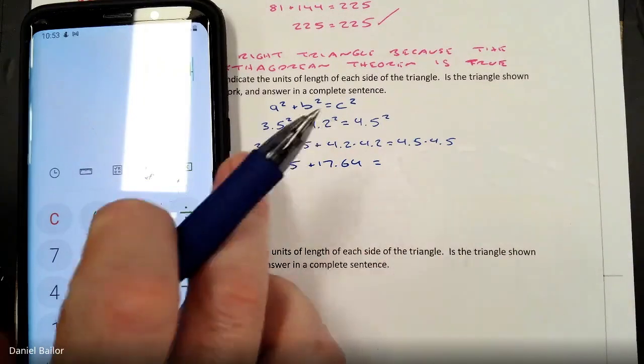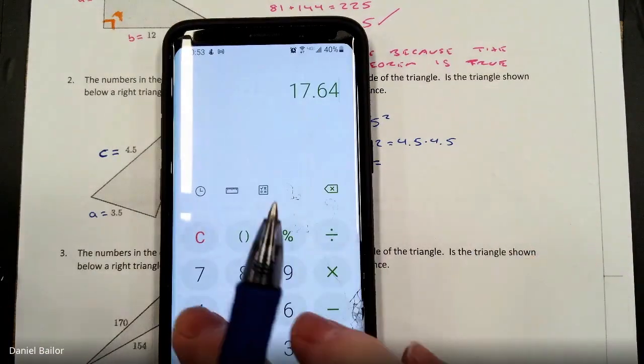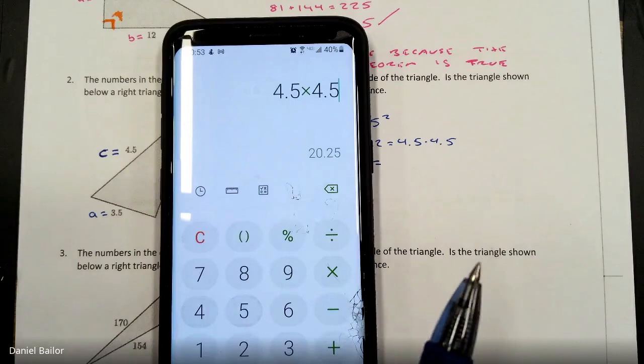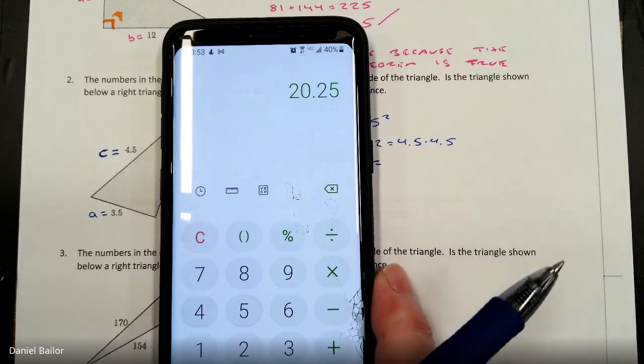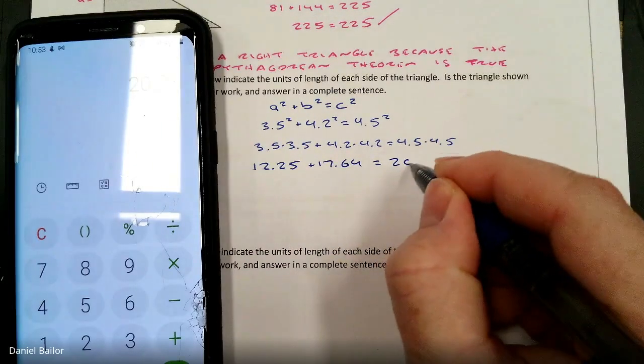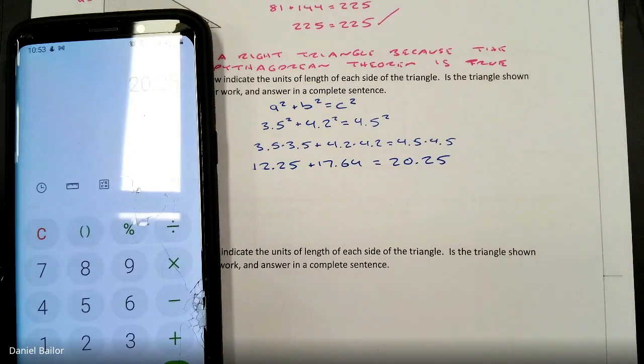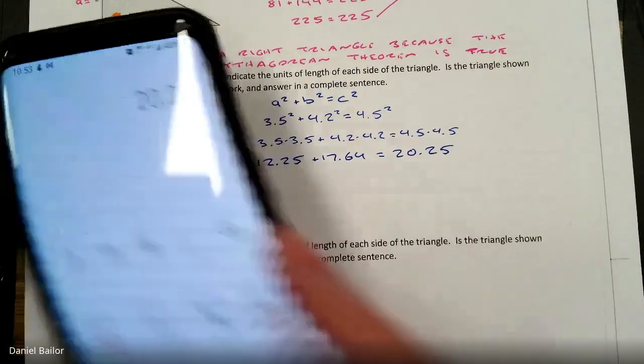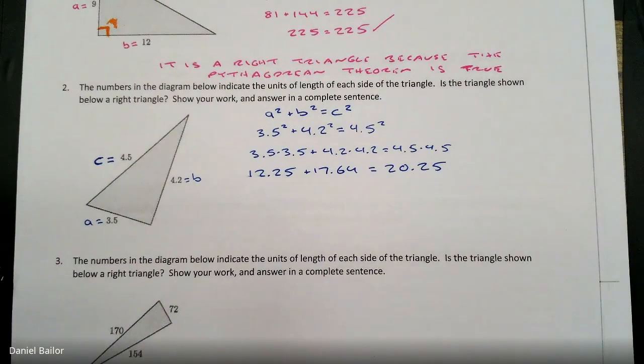Then finally, we do 4.5 times 4.5, and we get 20.25. So that's what we do after we get the squared.